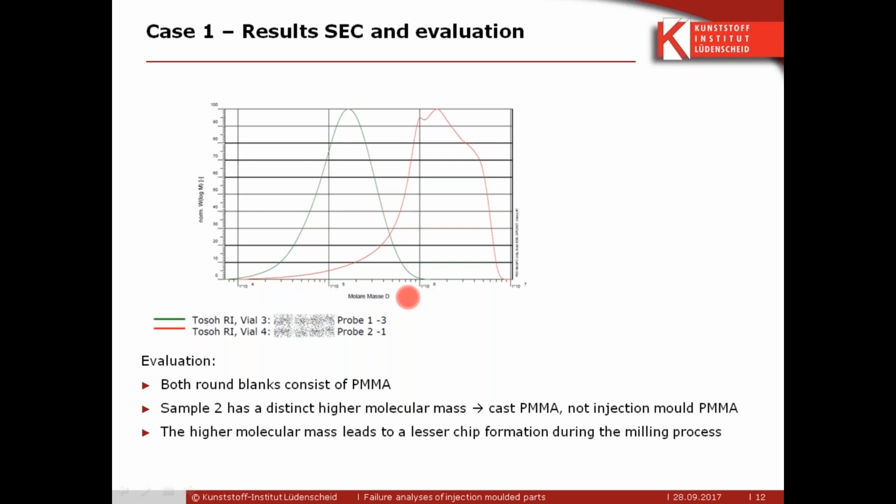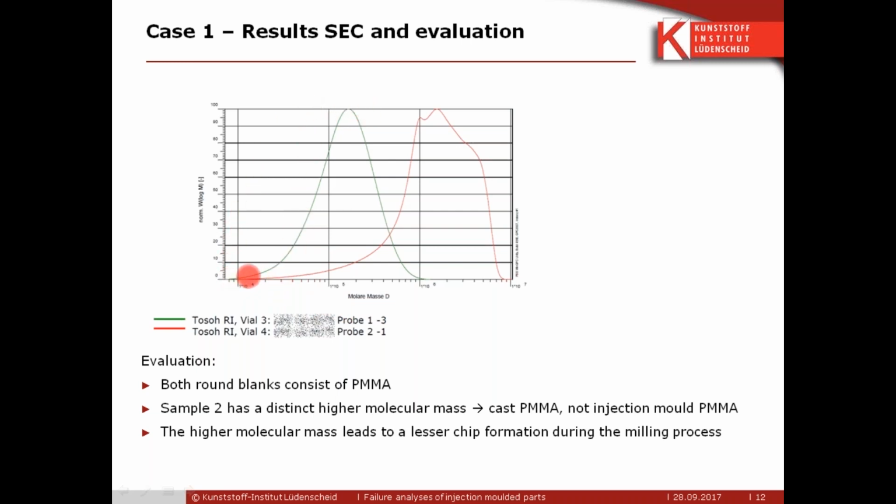Okay, I have a question. SEC, size exclusion chromatography. Can you please explain how to interpret the graph and to analyze the molecular weight? Yes, you have molare Masse, which is German for molecular weight.